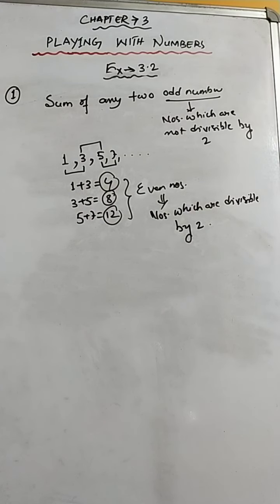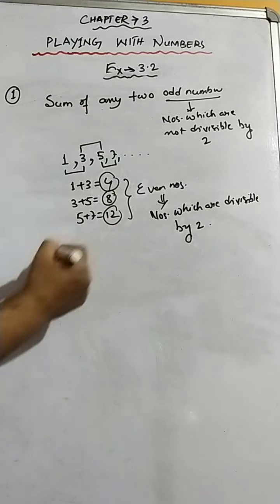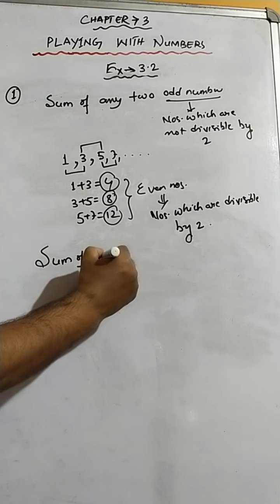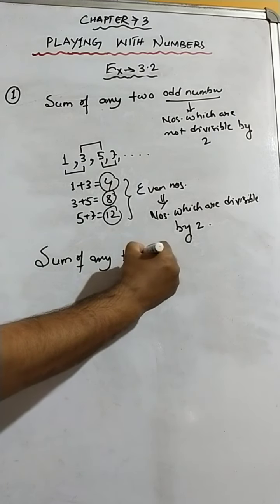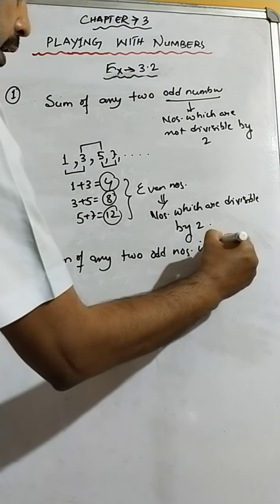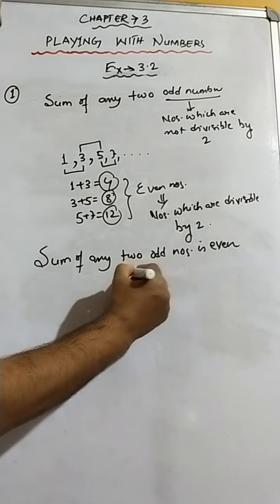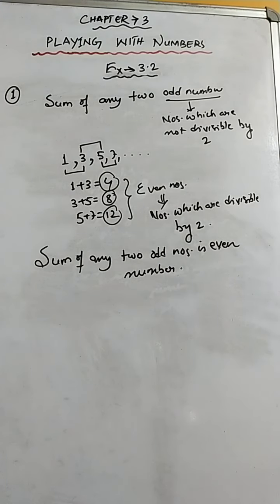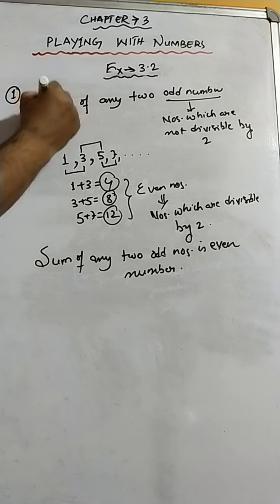We will say that the sum of any two odd numbers is always an even number. So how to conclude this? We'll write: sum of any two odd numbers is an even number. Okay, so this is how we'll conclude question number 1, sum number A.